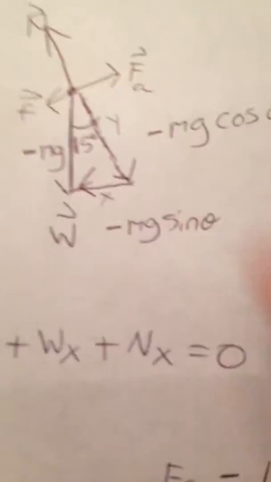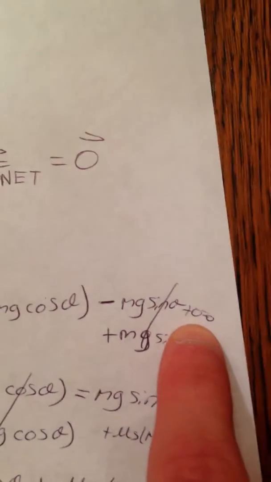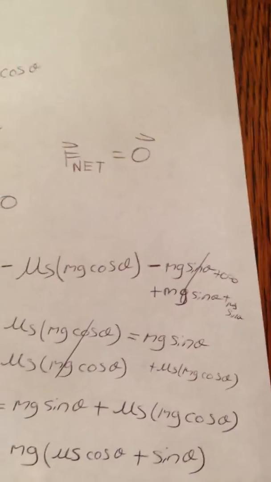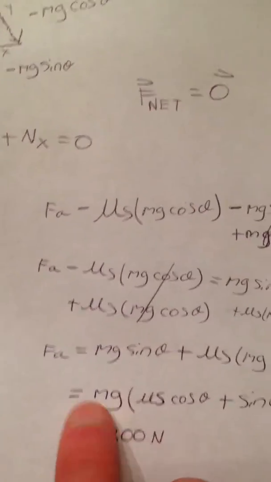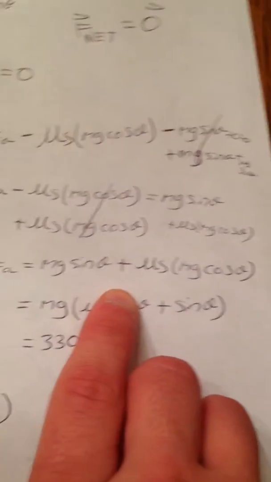Also subtracting negative mg sine theta, because that is the negative x component of W, or gravity. And of course, n's x component is just 0. We set it equal to 0, move everything over to the other side, isolate the force, and this is what we get.